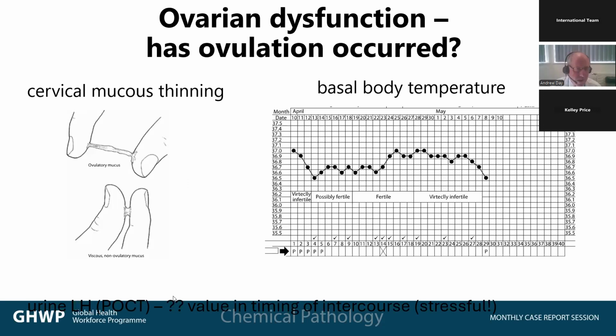There are other ways of determining ovulation. Cervical mucus thickens and thins, and at around the time of ovulation, the cervical mucus thins out, and that has been used in the past.